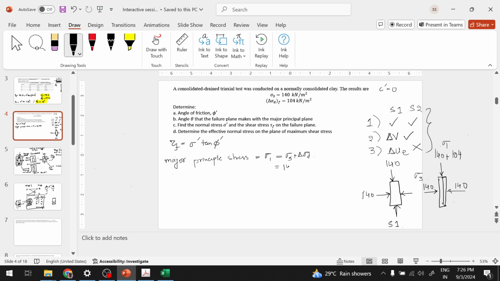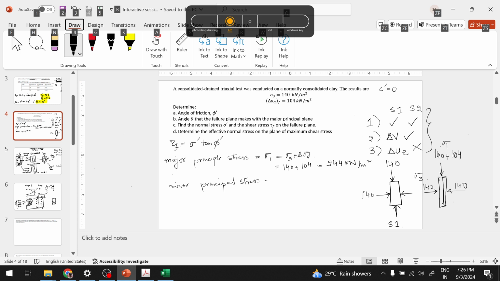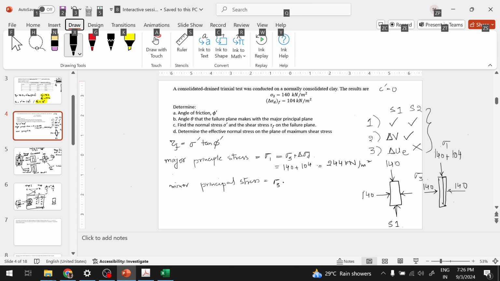This will be 140 plus 104, which will be 244 kilonewton per meter square. And the minor principal stress, which is sigma 3, as we already know, is 140 kilonewton per meter square.